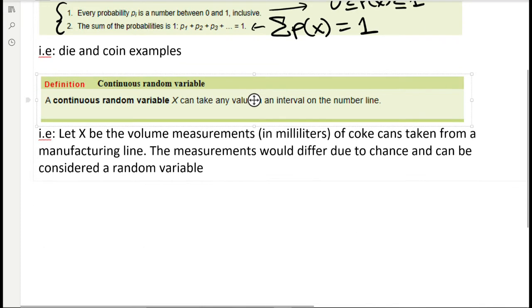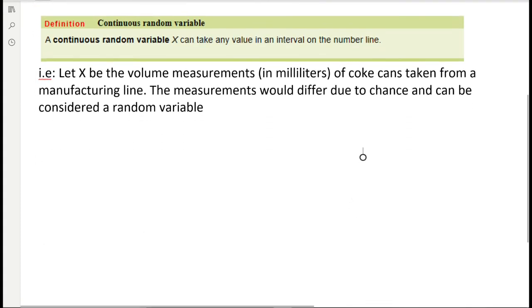Now, something that is continuous can take on any value in an interval. So in that case, for example, if we're talking about the volume measurements in milliliters of Coke cans taken from a manufacturing line, the measurements here would differ due to chance and can be considered a random variable.